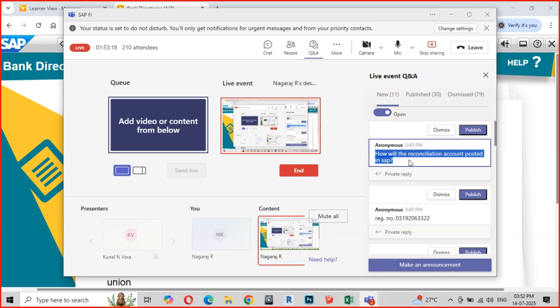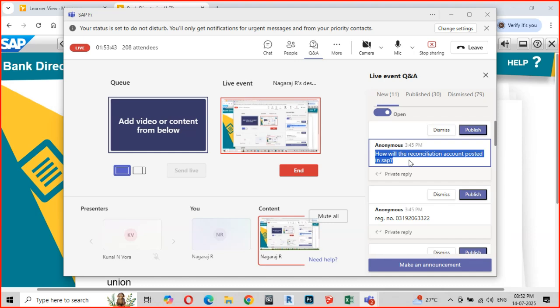Now, how do you get the sundry creditors? As an end user, I'll be entering the purchase invoices, but will I ever know about the sundry creditors? How is it happening? Only the consultant will know about the process.